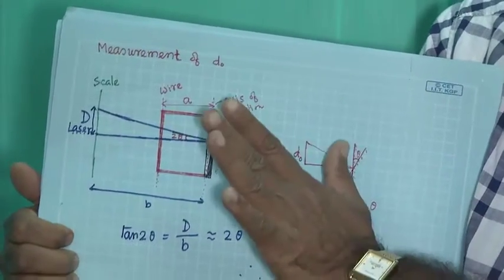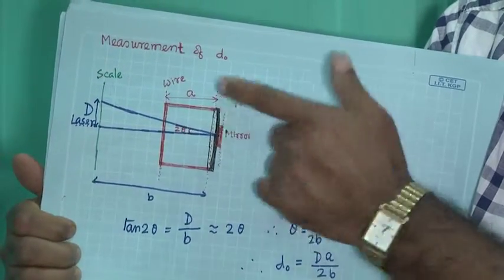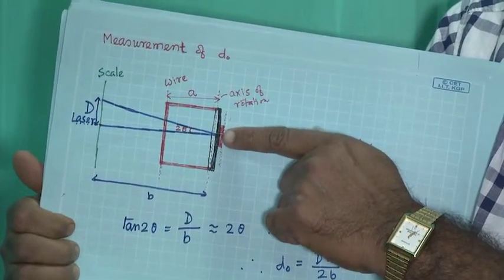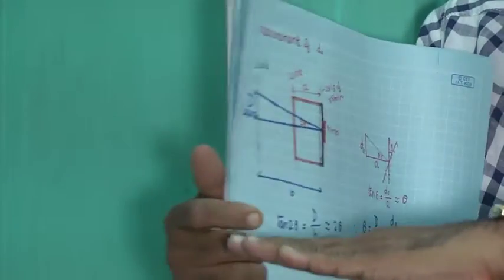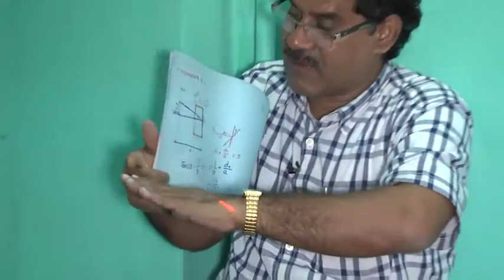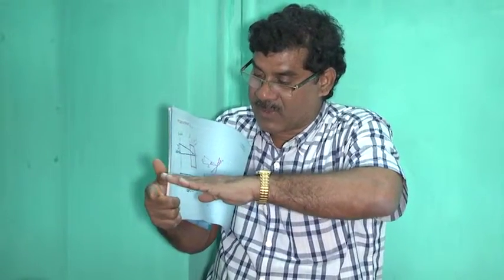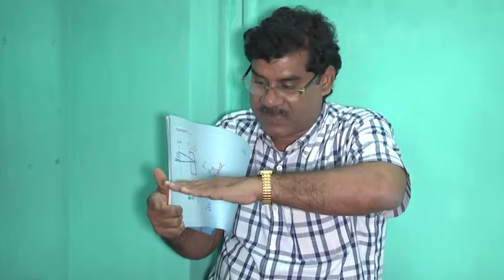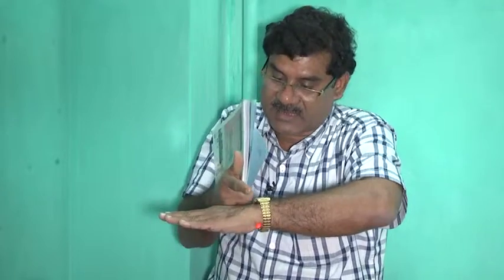So forget light. With light we have done. Now without light also, here you can see something is rotating, with respect to this axis. Now another thing is fixed with this one. So what will be the deflection of this one? This angle of rotation is theta.